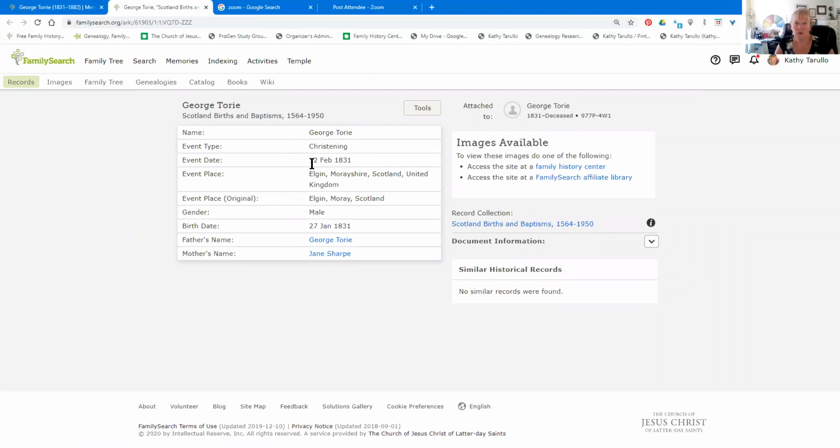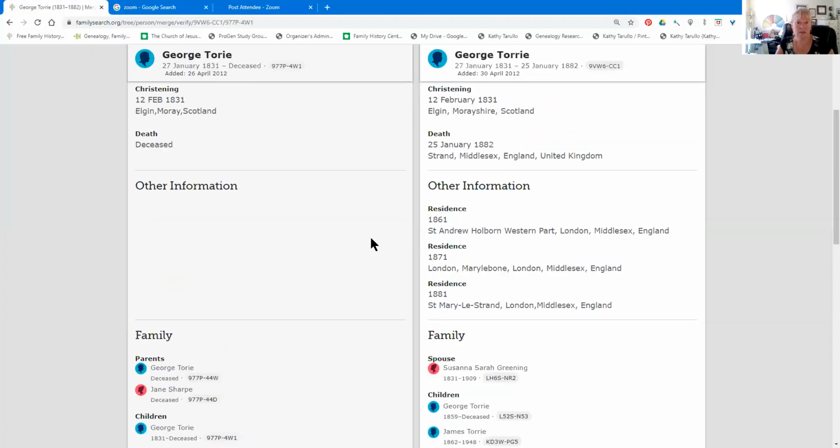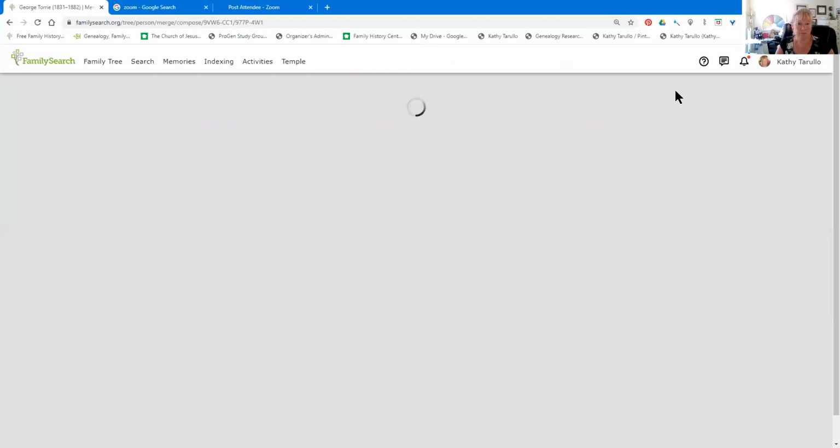So christened 12th of February 1831, Elgin, Moray, Scotland. It matches with my first guy. So I think this is the same guy. So are these people a possible match? Yes. I'm going to continue.